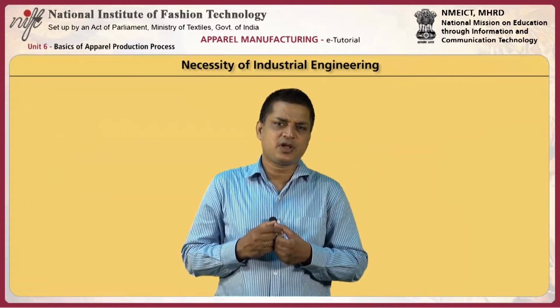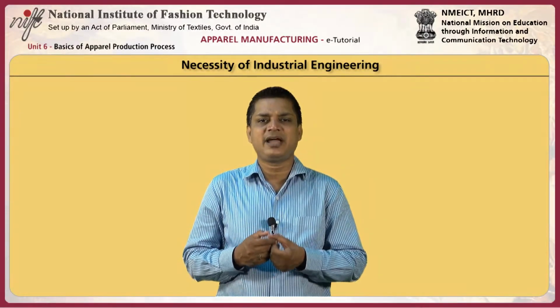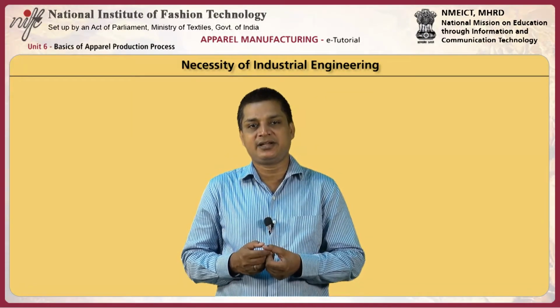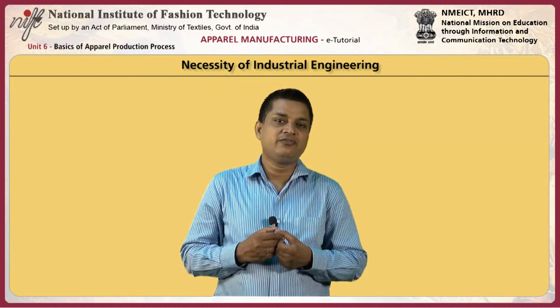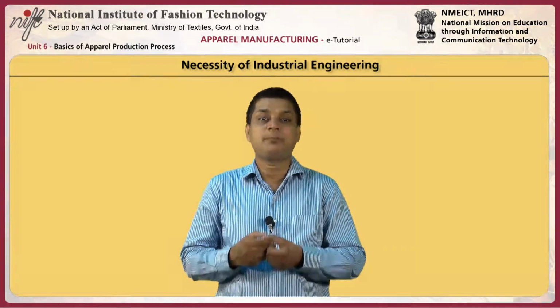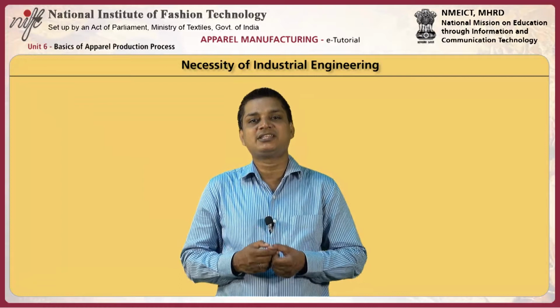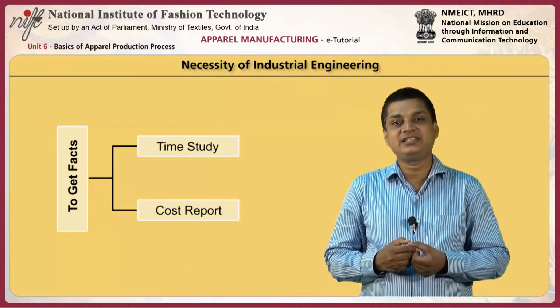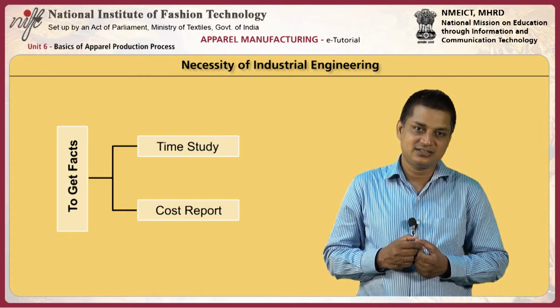One of the greatest problems facing any plant manager is that of getting the facts concerning his plant. Without thorough information regarding the plant, the manager is almost powerless to take action. One of the basic functions of engineering is to get facts.